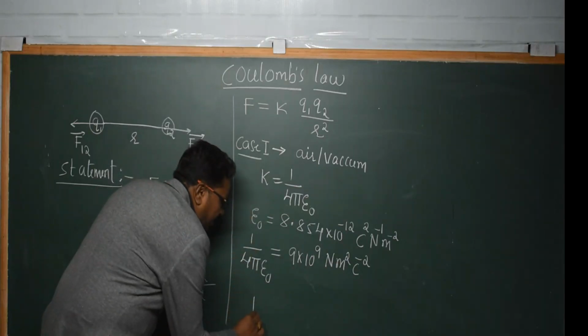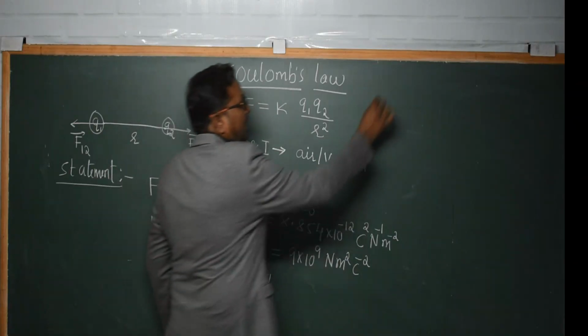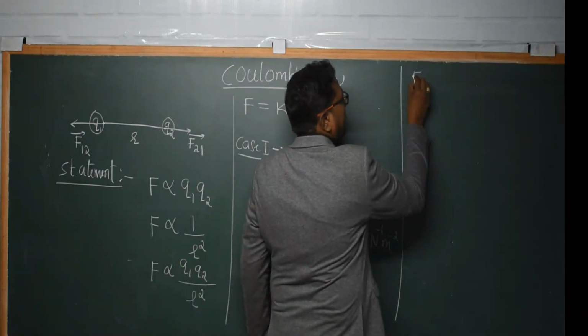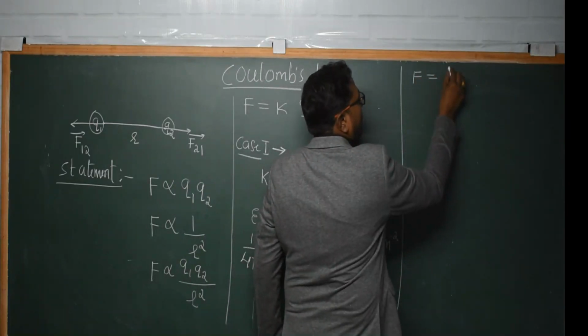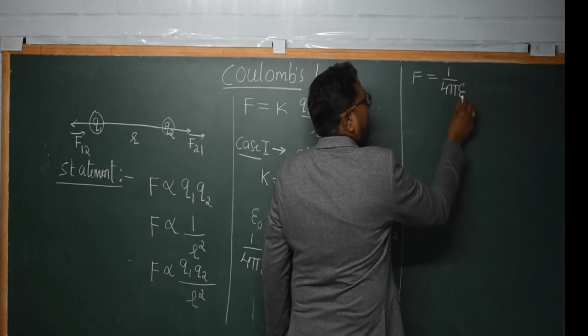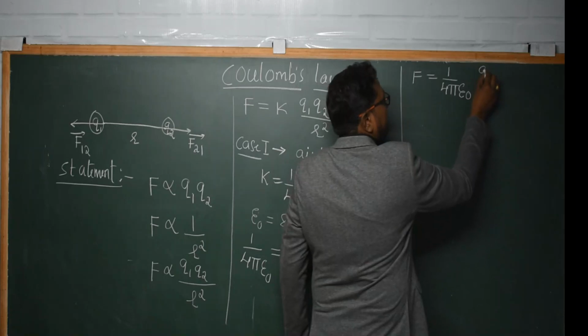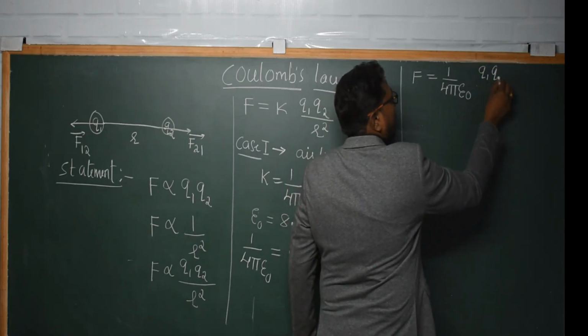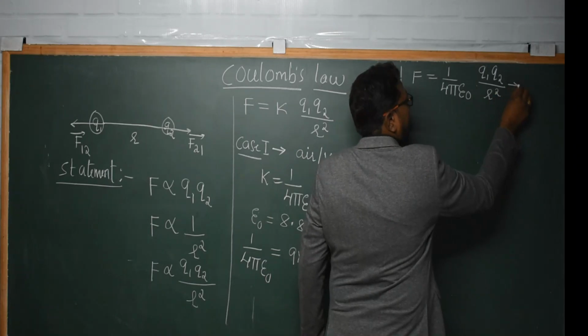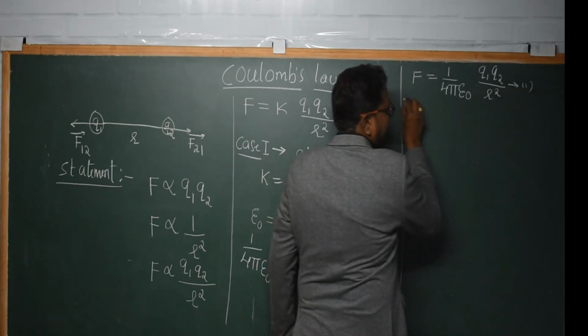Therefore, what will be the formula at the end? F is equal to 1 by 4 pi epsilon naught, Q1 Q2 divided by R square. Now this is your equation number 1.